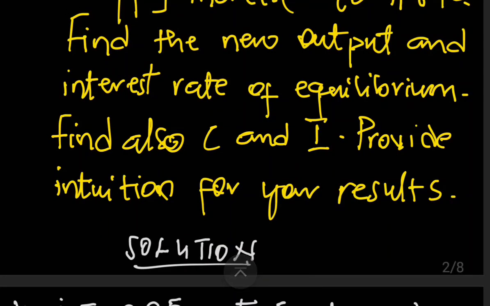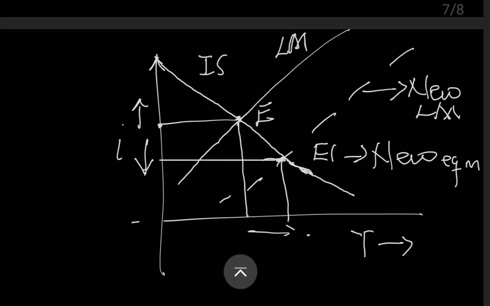When we go back to the question, it says you have to provide intuition for our result by adding this diagram. It will make everything clear for the solution. So this is the solution for this problem.